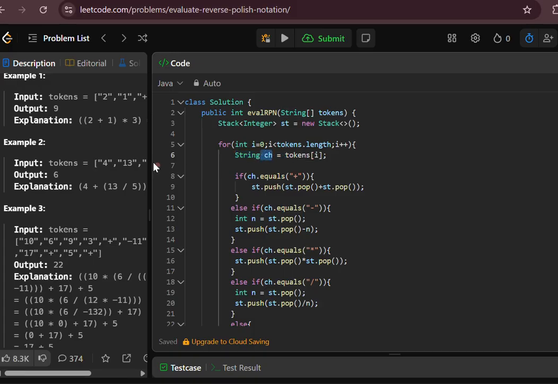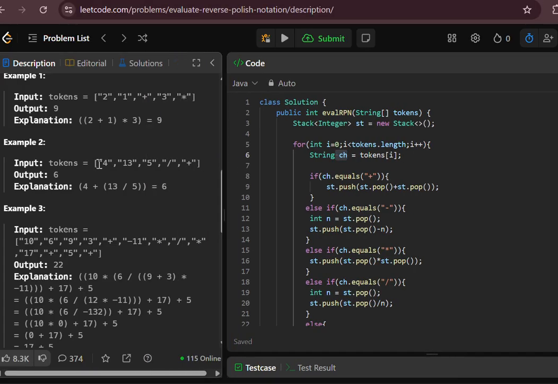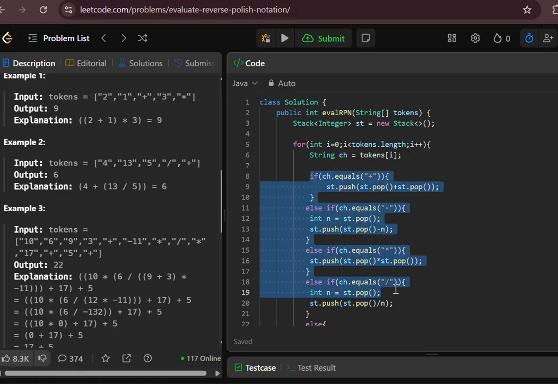Then we check whether it is plus, minus, multiply, or divide, and do our operation. If ch equals plus, we push onto the stack the result of the previous two values after doing the operation. Let me show you how it is done.